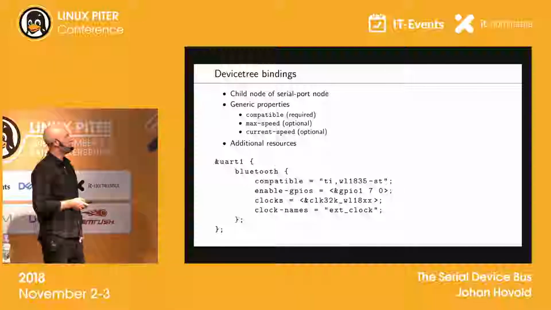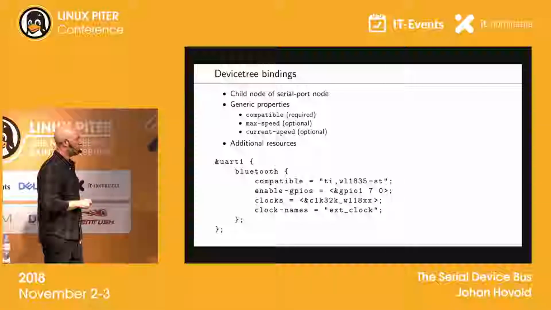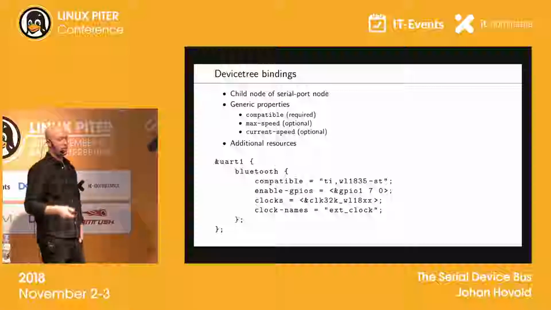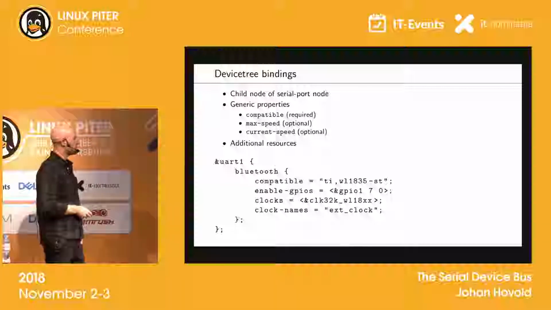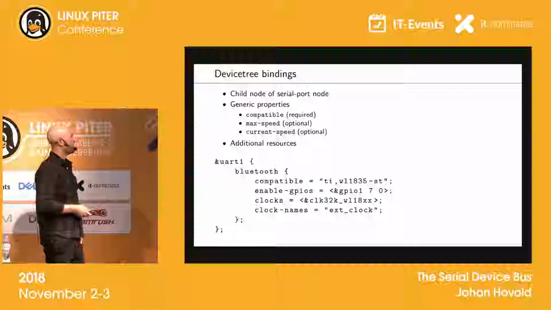Max speed and current speed are supposed to be used in those cases where the driver itself needs to, for example, lower the maximum speed that the driver can use in a particular implementation because of some hardware limitations. And current speed, likewise, if the bootloader, for example, has changed the default speed of the device.